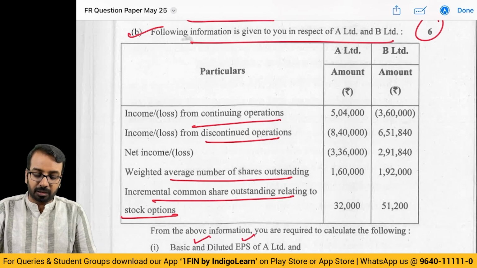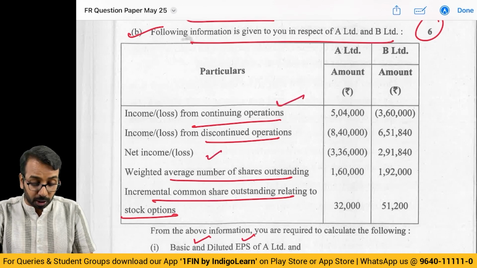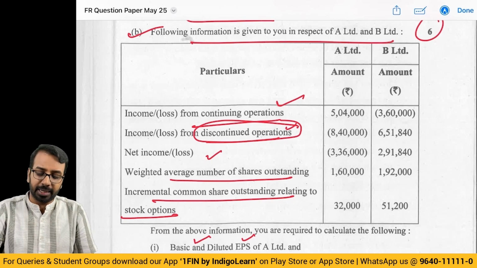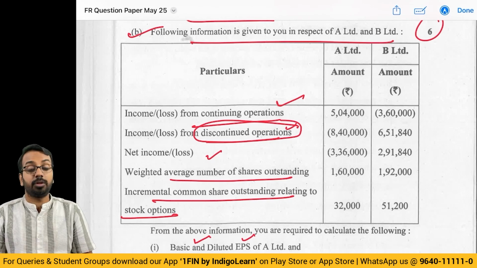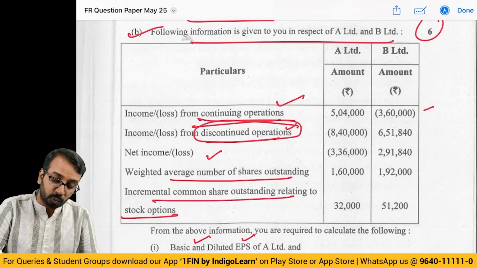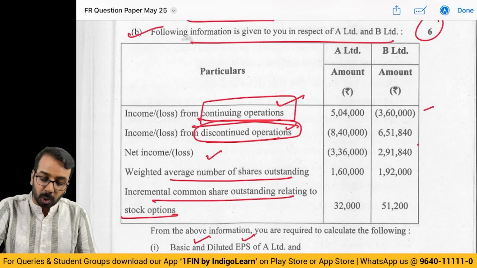Now basic and diluted, please remember you have to give for continuing operations, and overall including discontinued. So generally the disclosure of discontinued operations is also required, right? So as done in the study material, we can do it in the same way. The other thing is for diluted EPS, we need to understand that when we check whether the options are dilutive or not, we check only from continuing operation, not on net income after considering discontinued operation.